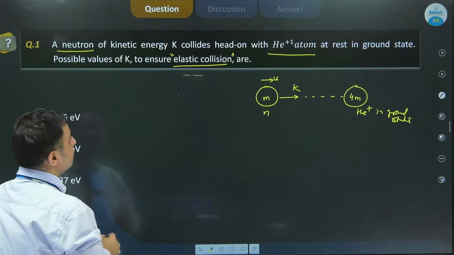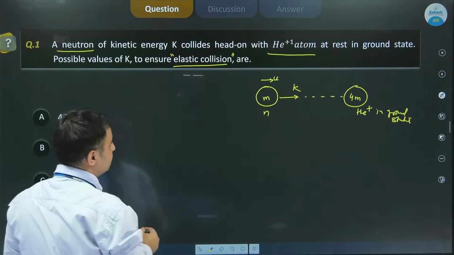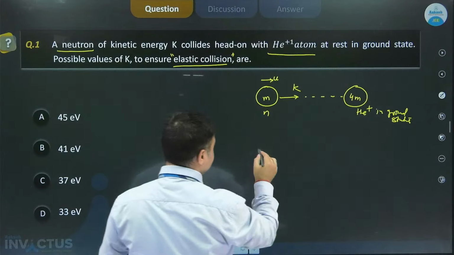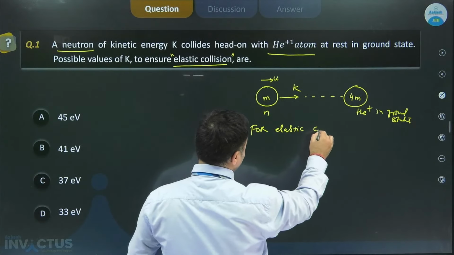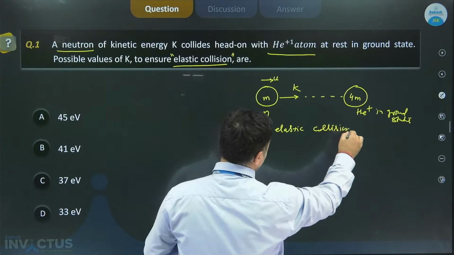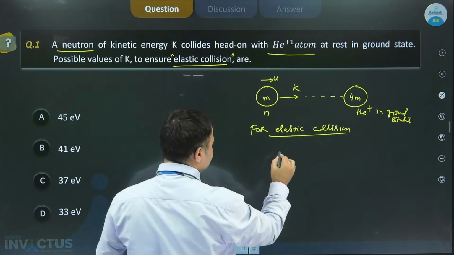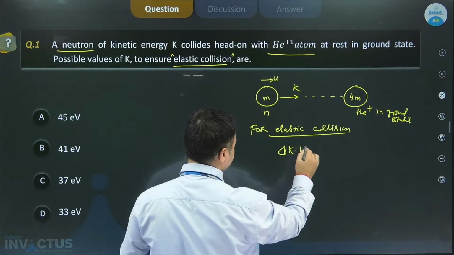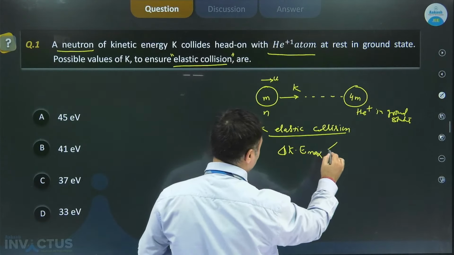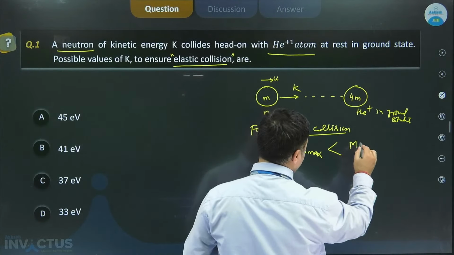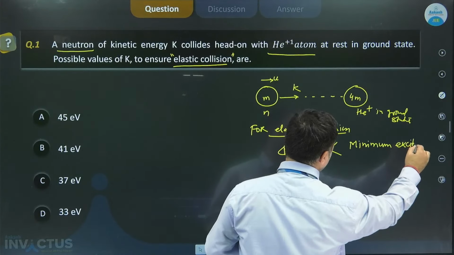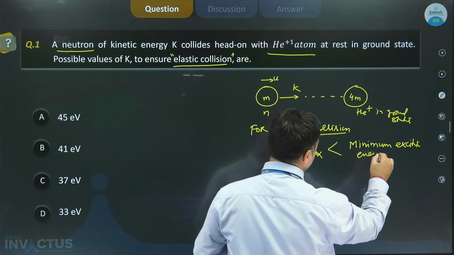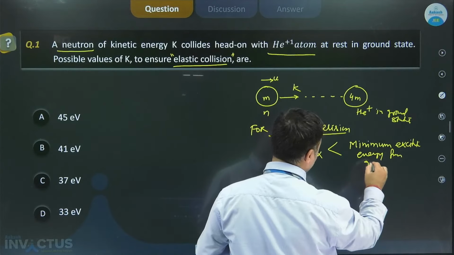Now, for elastic collision, the maximum loss in the collision should be less than the minimum excitation energy from the ground state, because initially the atom is in the ground state.